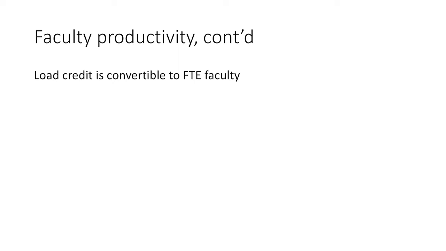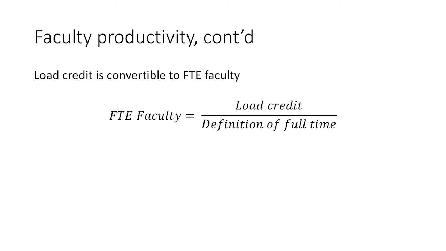So load credit is convertible to FTE faculty in a similar way to student credit hours being converted to FTE students. The equation for converting load credit to FTE faculty is to take the amount of load credit that you've assigned to one faculty member or many faculty members, and you divide the total load credit you've assigned to people by the definition of a full-time faculty member.